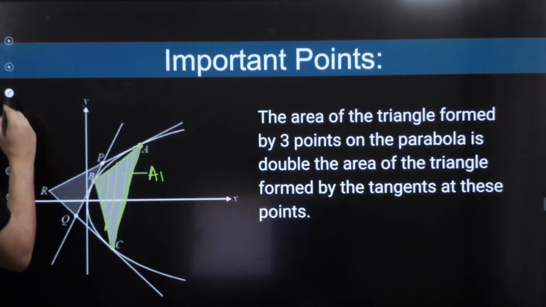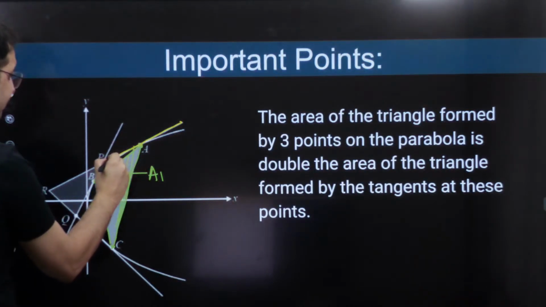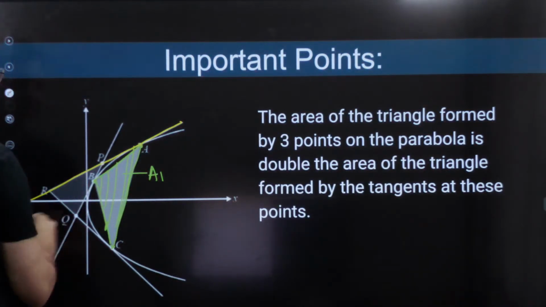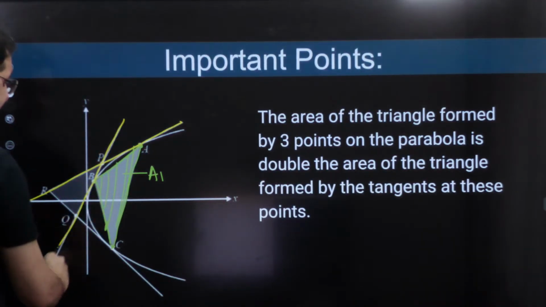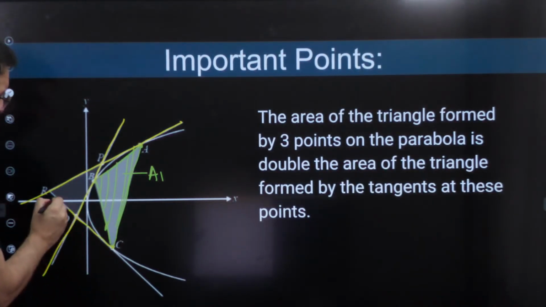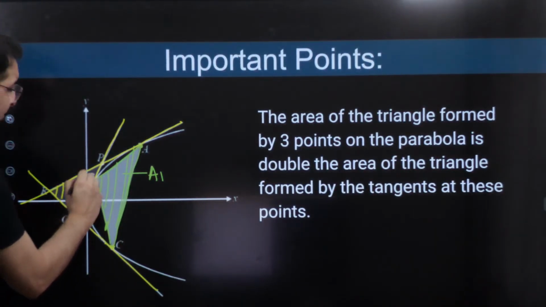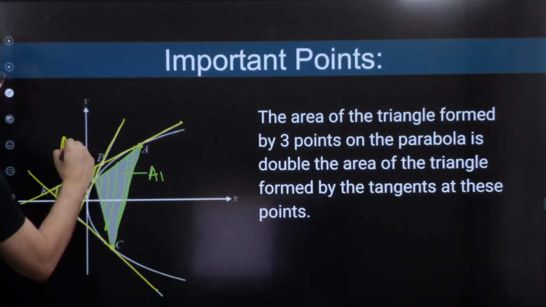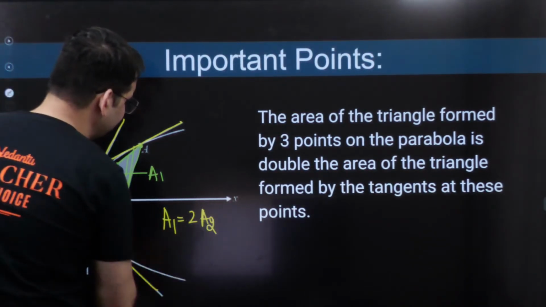So at point A, there is going to be a tangent, at point B a tangent, at point C again a tangent. Of course, there is going to be a triangle formed by these 3 lines. Let's say this is A2. So basically, A1 is twice of A2.